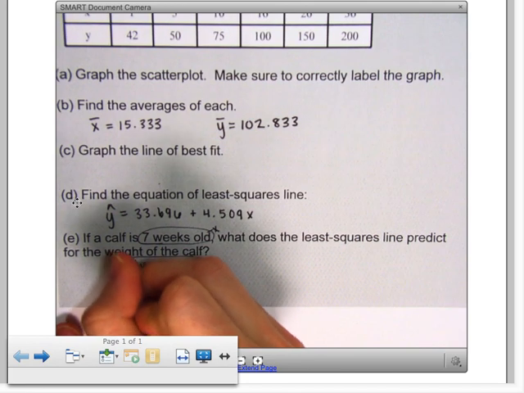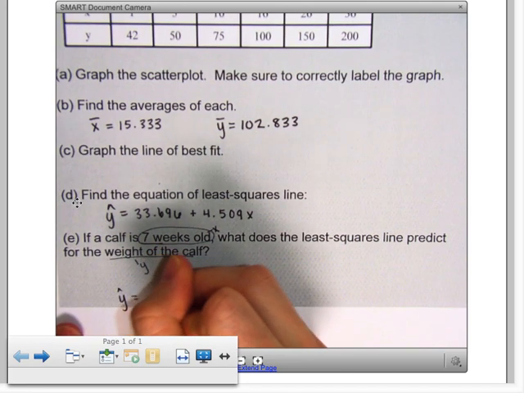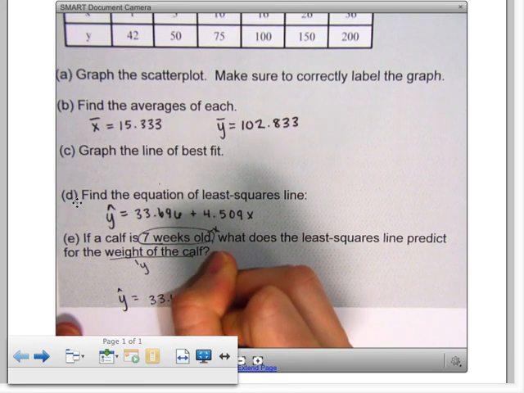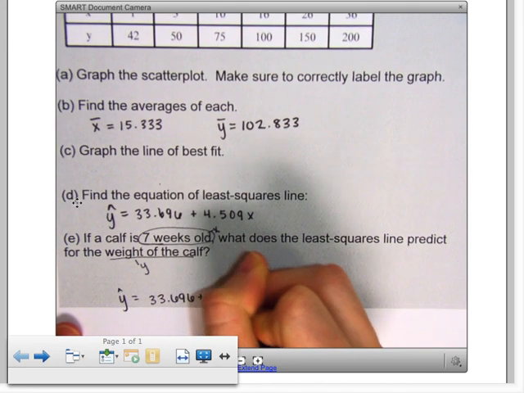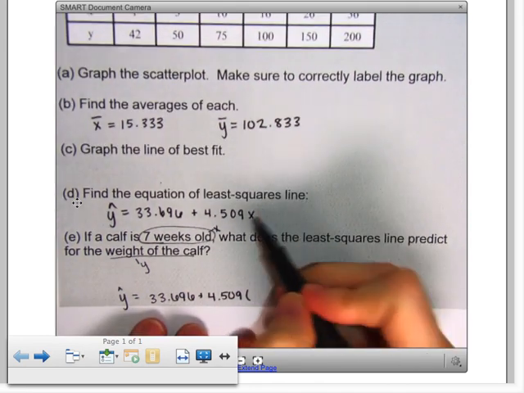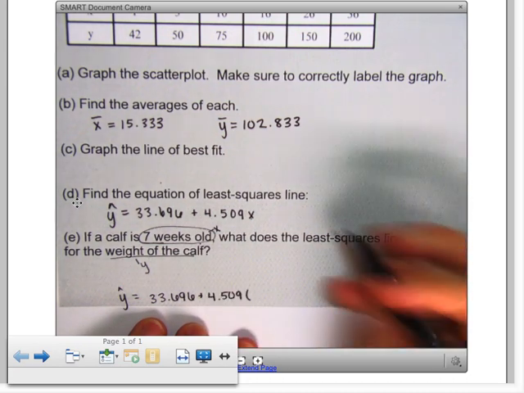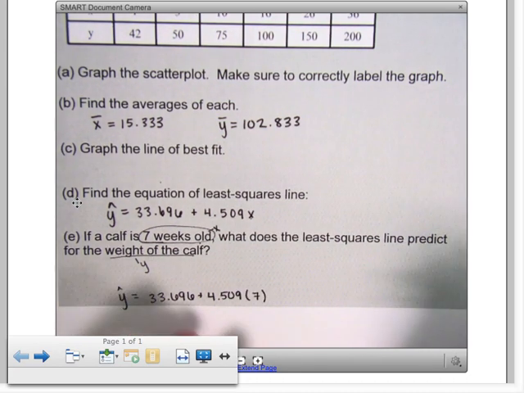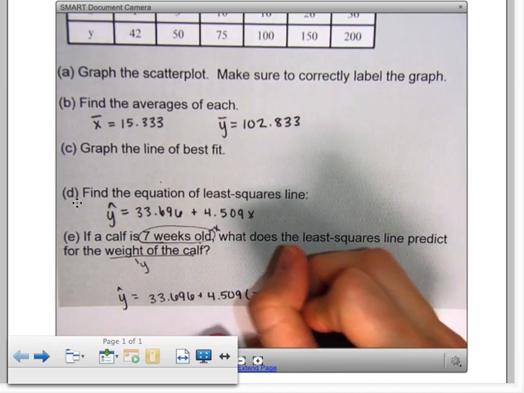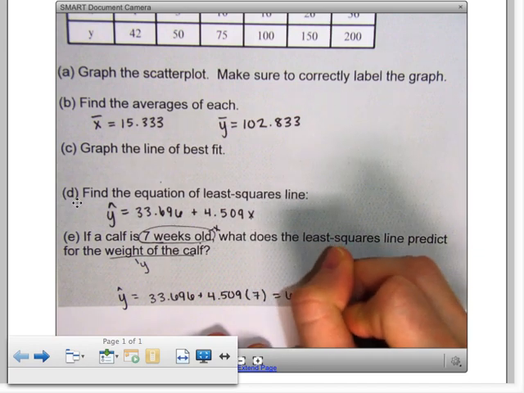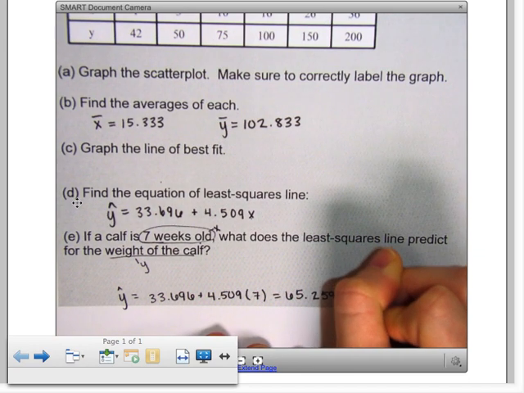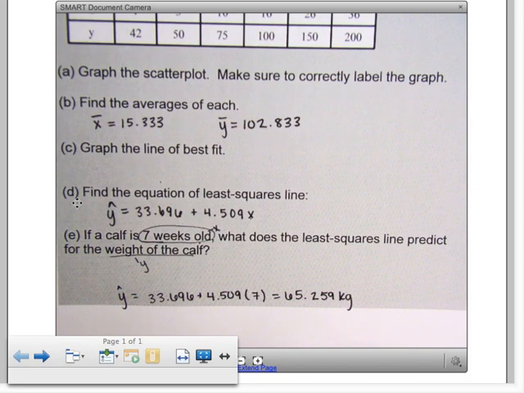So we're going to have Y equals 33.696 plus 4.509. And then instead of X, we know that the calf is 7 weeks, so we're going to plug in 7. So we should get 65.259 kilograms.